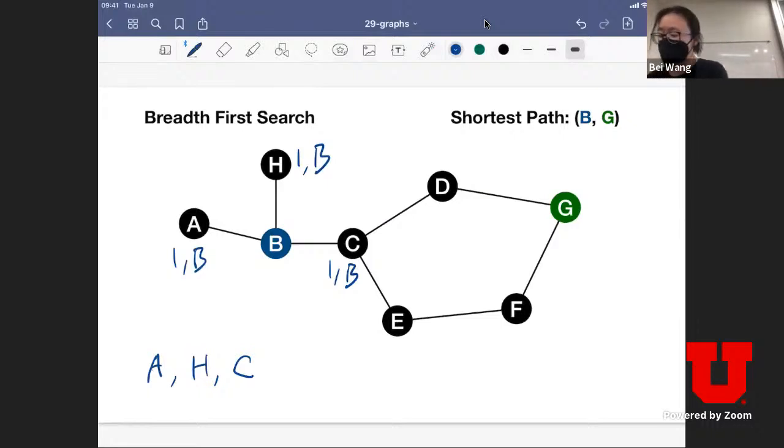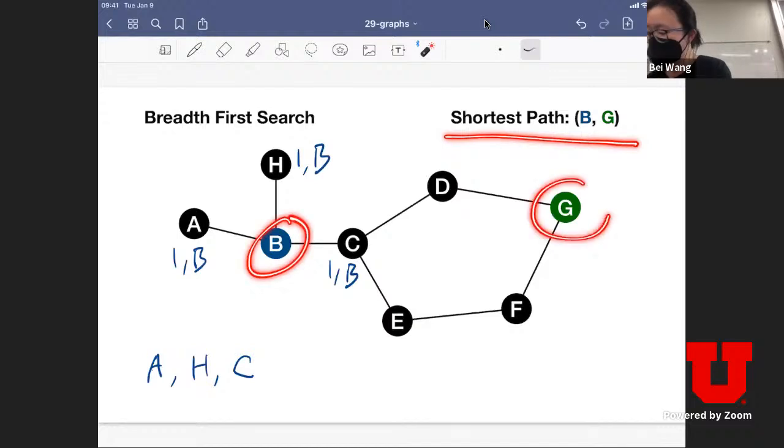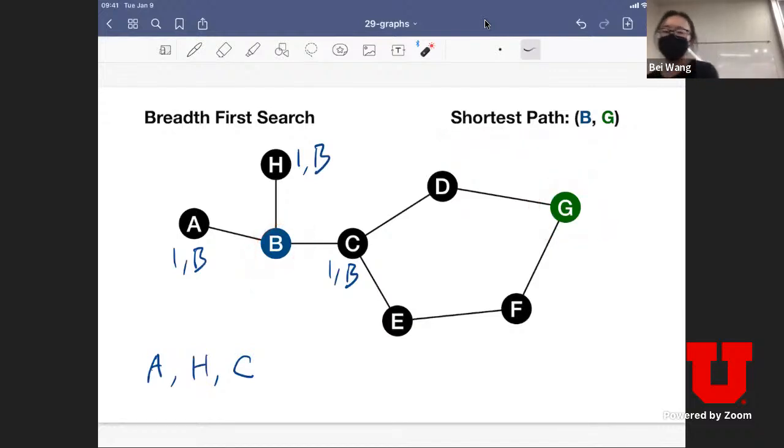The algorithm I'm running is trying to figure out the shortest path between B and G. I have exhausted all the neighbors of B, so I remove B from my current consideration and look at my queue.